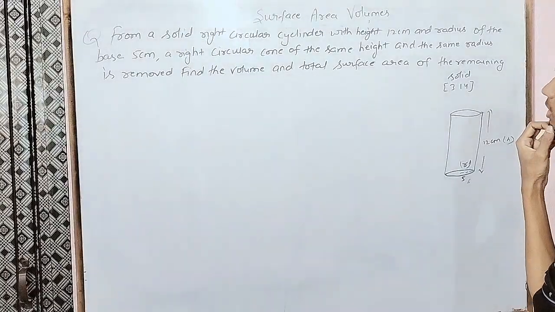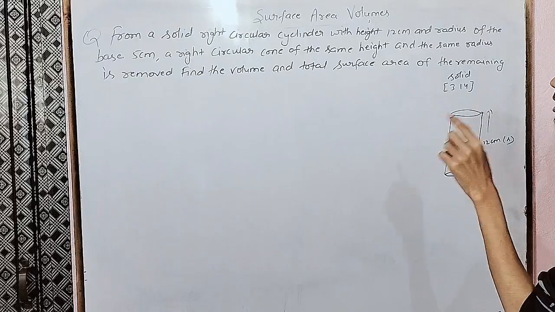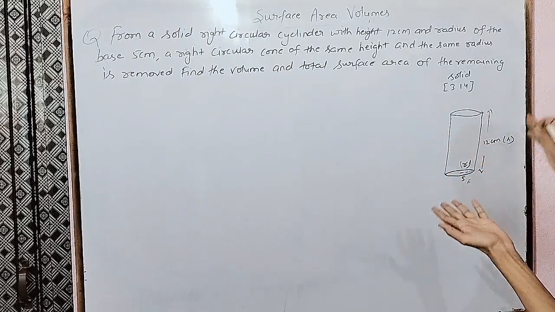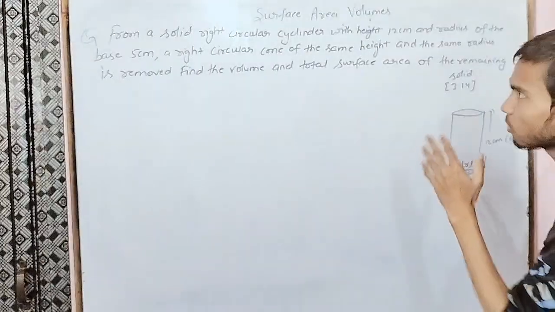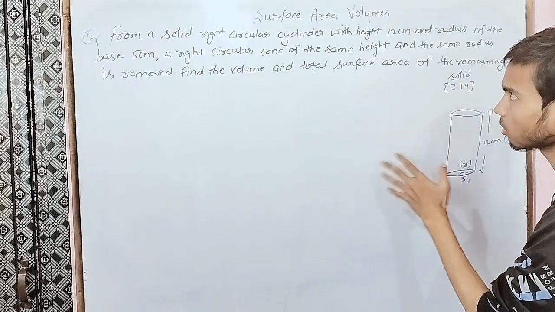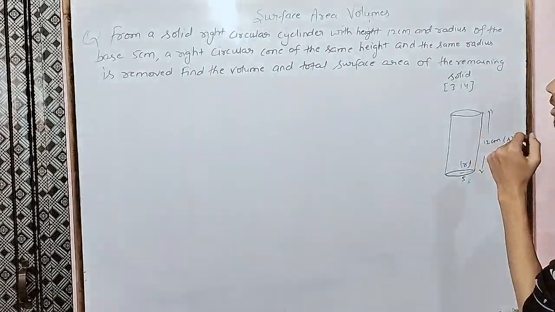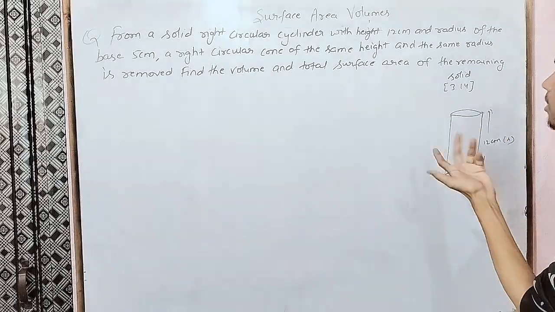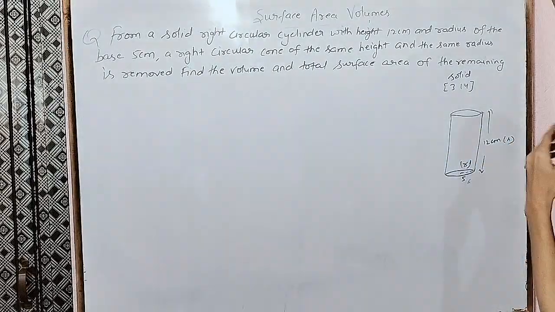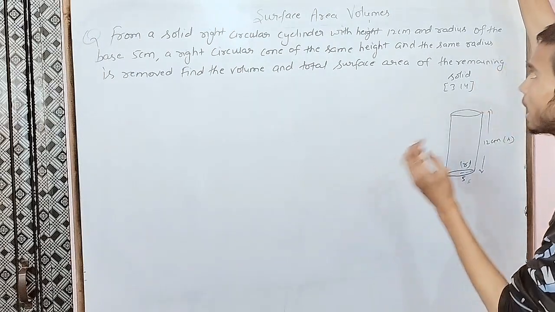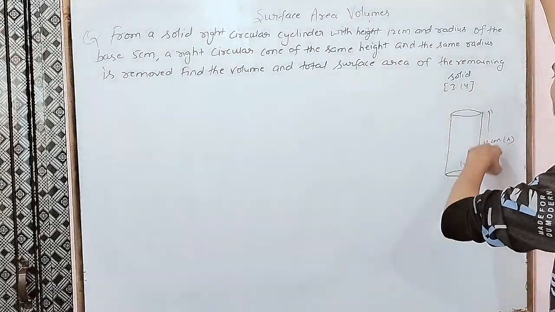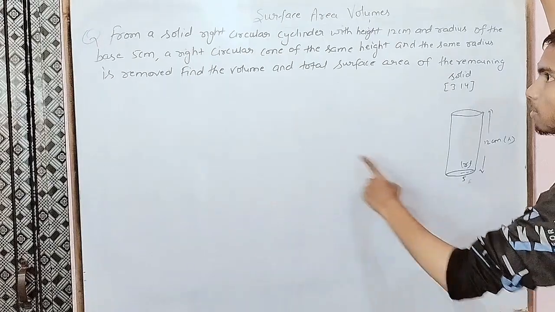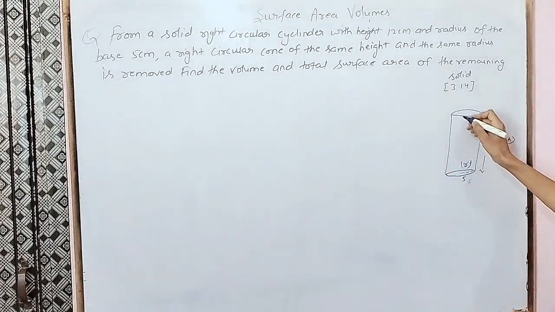You already know. So a right circular cone of the same height, 12 centimeter, and the same base radius of 5 centimeter, is removed from this.